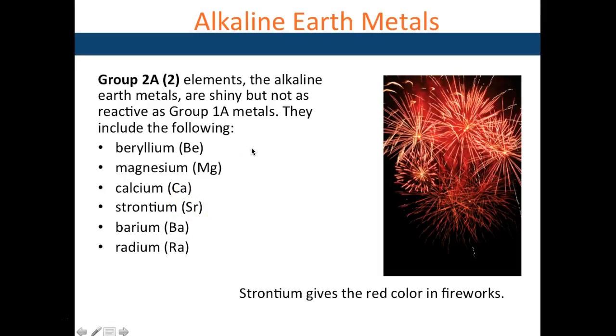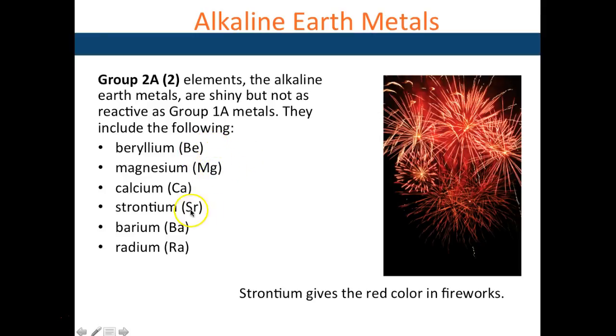All right. Group 2, the alkaline earth metals: beryllium, magnesium, calcium, strontium, barium, and radium. Radium is radioactive. Beryllium tends to behave less like a metal and more like a non-metal, and we'll come to that a little bit later when we deal with bonding.